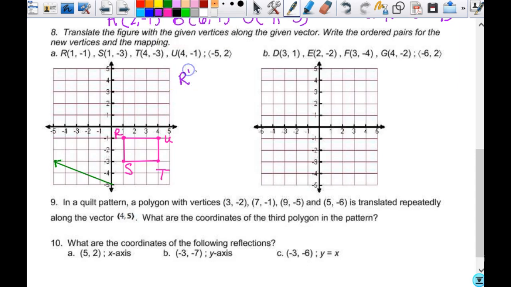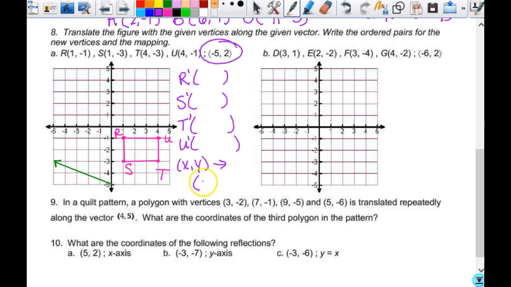I'm going to need R prime, S prime, T prime, U prime. My mapping, xy maps to... So my vector is -5, 2, so that means it's going to be x - 5, y plus 2. So I can find all my points before I do that, or I can count, or I can just do both.